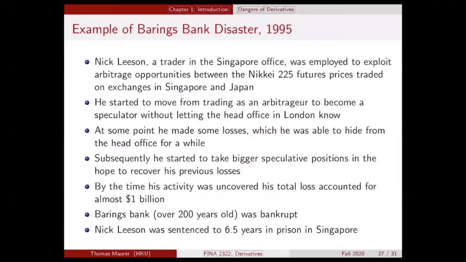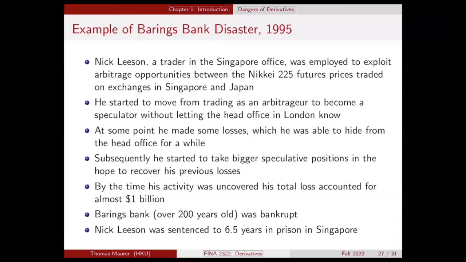Now, the problem is that at one point he made some losses, and he didn't want to show these losses to the headquarters back in London, and therefore started covering them up and tried to actually earn these losses back by speculating in the market. It is not terribly important why he made these losses to begin with. Some people say that he was just gambling because he was bored.